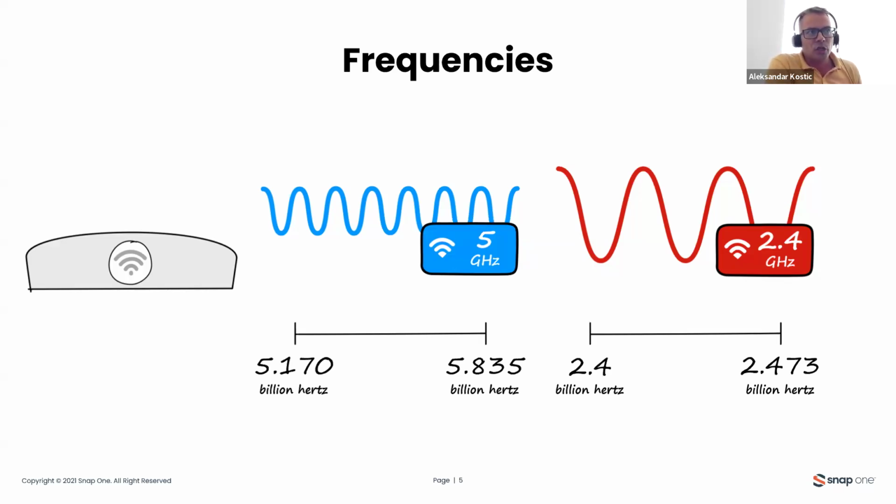So it is much more affordable to have a certain area covered with 2.4 gigahertz access points than with 5, because to cover the same area, we would need more access points to have the full area covered with 5 gigahertz. But 5 gigahertz is generally much better when speed of transmission is in question, and also when interference is in question, but I will speak about that in detail later.